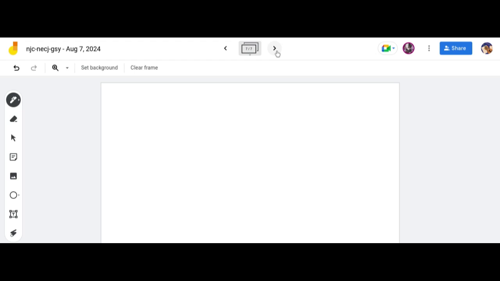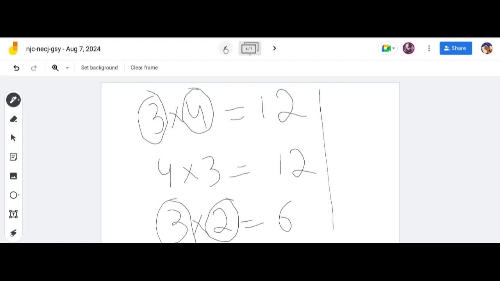I just say that we have to find two numbers which give the answer. For example, 3 times 4 is equal to 12, because the table of 3 contains the result 12.